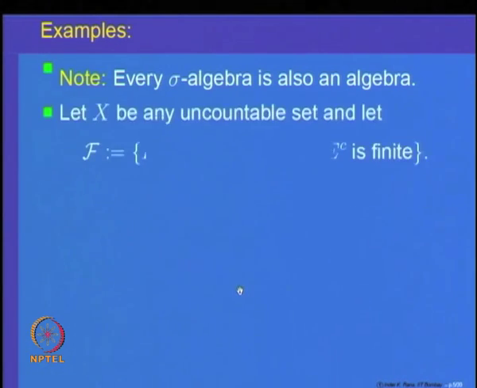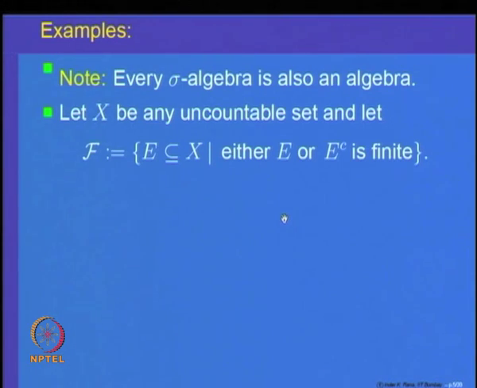Let us look at an example of X, an uncountable set, and let us look at the collection of all those subsets of X such that either the set is finite or its complement is finite. So, an element E is in this collection F if either the set is finite or its complement is finite. We had already shown that this collection F is an algebra.